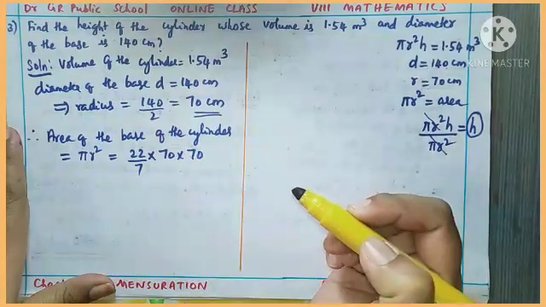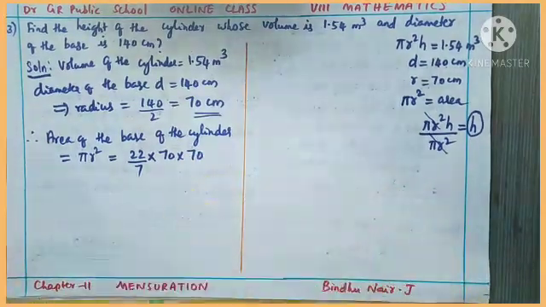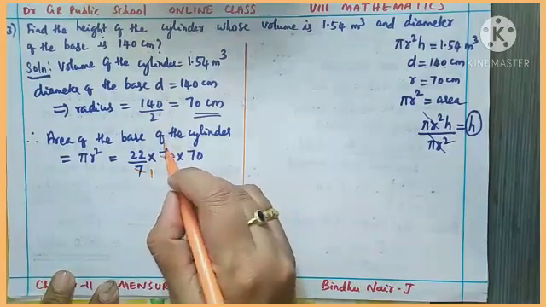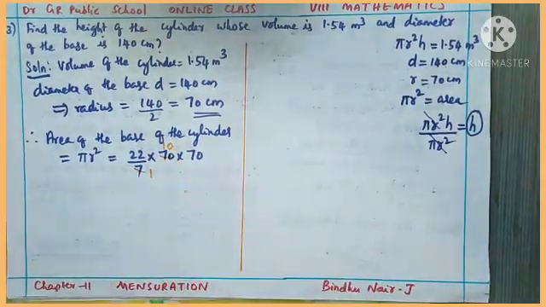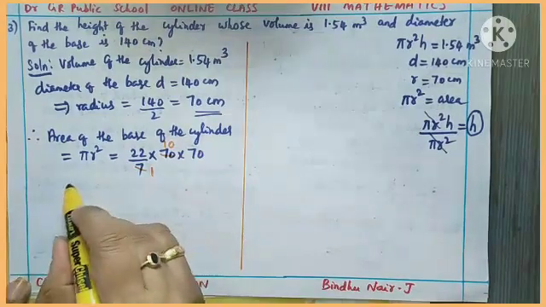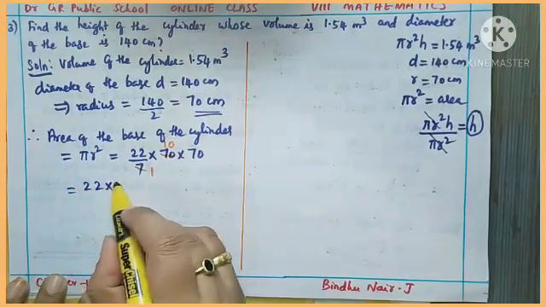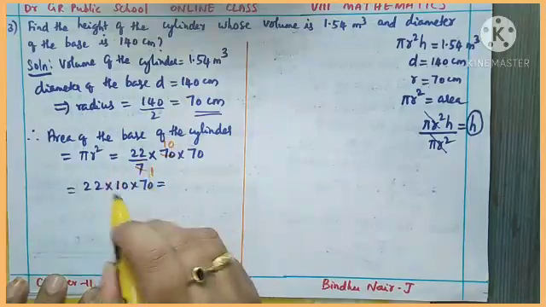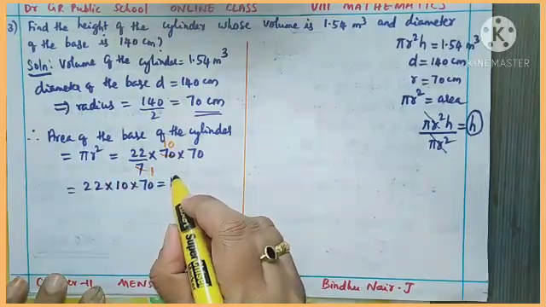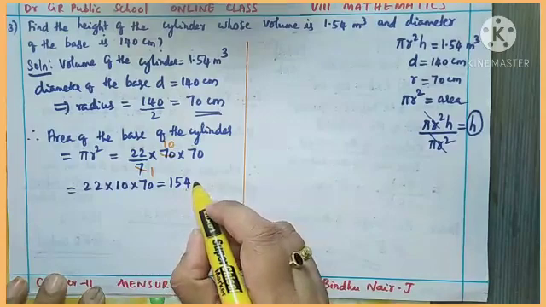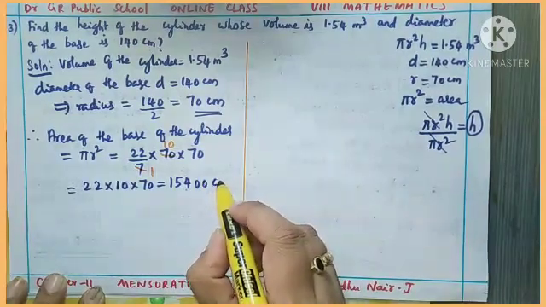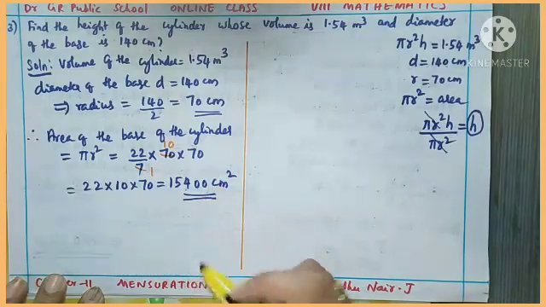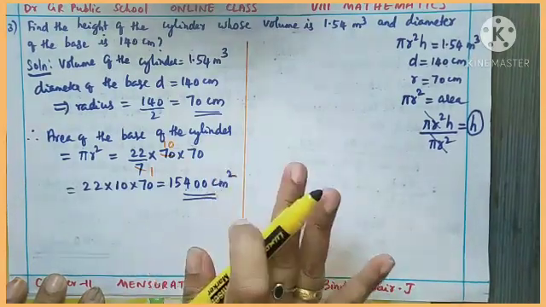Now you can cancel this, 7 and 70, 1 7 is 7, 10 sevens are 70. So what are the remaining? 22 into 10 into 70. So all of you multiply this, you will get 15400 centimeter square. That is the area. Okay, centimeter square. So the area is over now.